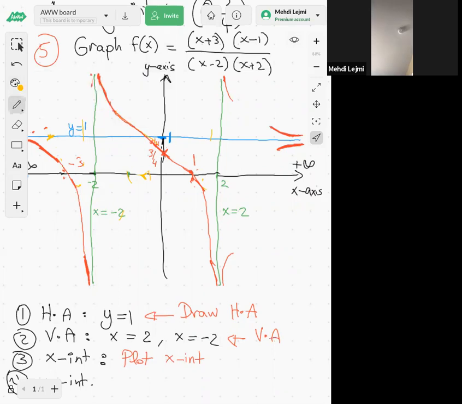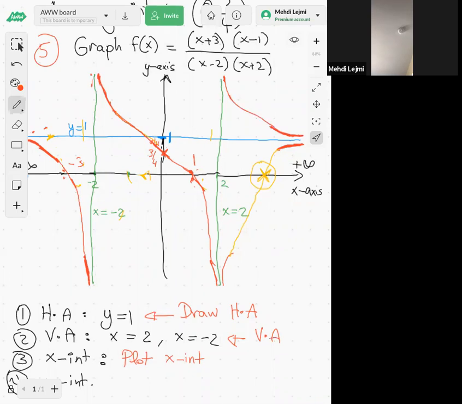If you start from the bottom here and you go up, then of course you're going to cross the x-axis. That would be an x-intercept, but there's no x-intercept, right? So we cannot cross the x-axis. So the right thing to do is to start from the top and go down here.